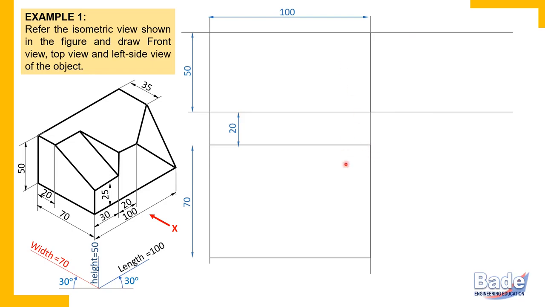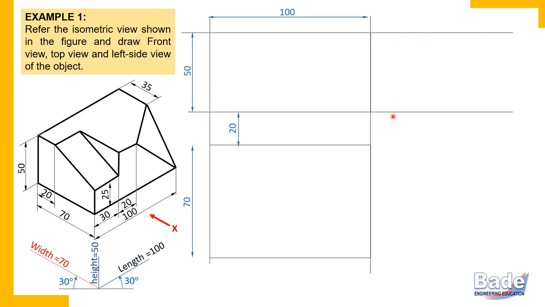Since in these two diagrams, that is the front view and top view, we have already measured length, height and width, all three dimensions on our drawing paper, you must not measure these dimensions again in the side view. Instead, you should project them. That is why we have projected the height of 50 millimeters from the front view to the side view.